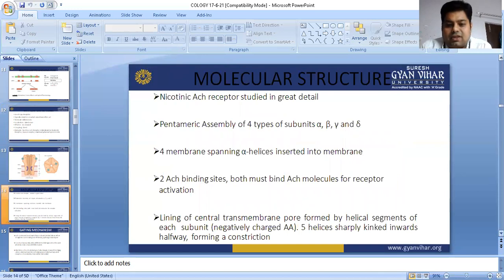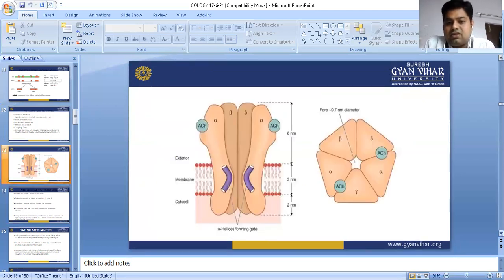Now, the molecular structure. The nicotinic acetylcholine receptor is studied in great detail. We can see a pentameric assembly in the last diagram: a pentameric assembly of 4 kinds of subunits, alpha, beta, gamma, and delta, meaning 2 alpha, 1 beta, 1 gamma, and 1 delta.